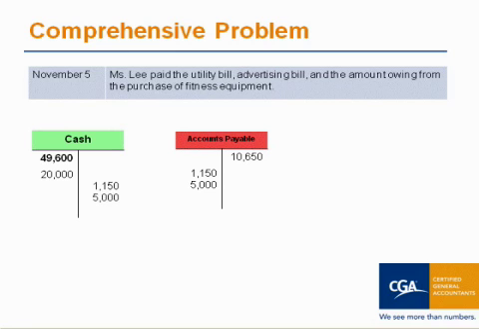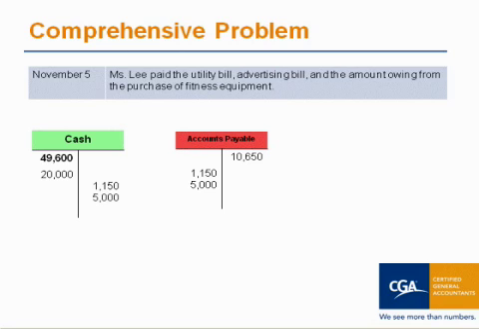So we're going to be debiting accounts payable for $1,150 to clear that balance from our accounts payable account. So we'll make a debit entry to accounts payable to show the decreasing of the account, and we will also decrease cash, our cash asset account, by $1,150 to indicate the cash account balance has declined by that amount.